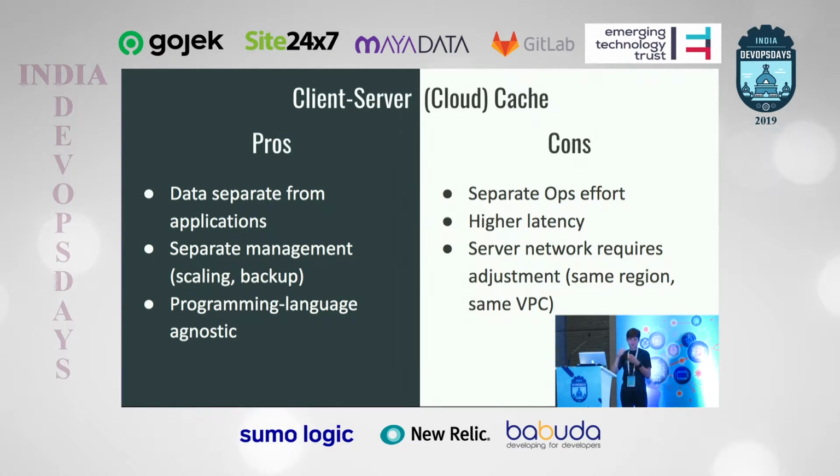We, as Hazelcast, also have an enterprise version which is dedicated to big enterprises, and all of them use this client-server mode. You have separate management, which is good because, as I said, you can scale it up and do everything you want separately. And it's programming language agnostic, so you can use any programming language you want. From the downsides, it requires some separate ops effort, as we mentioned, but also it has higher latency.